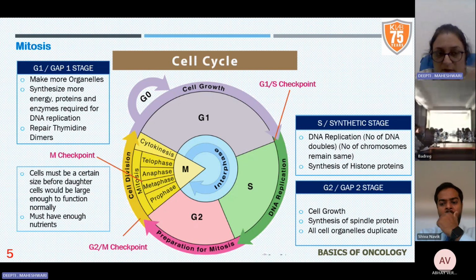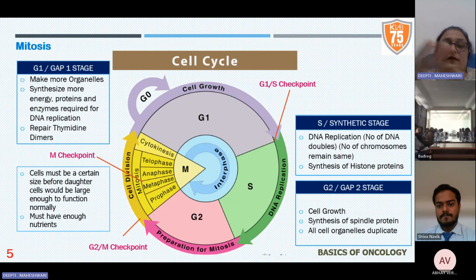That means after the mitosis has taken place, two new cells have formed, the cell can easily go to the G0 phase and rest. So there will be no cell multiplication, no cell division in the G0 phase. But the cells have got a choice. They can enter the G0 phase or they can again enter the G1 phase.